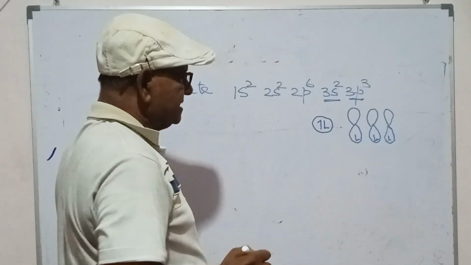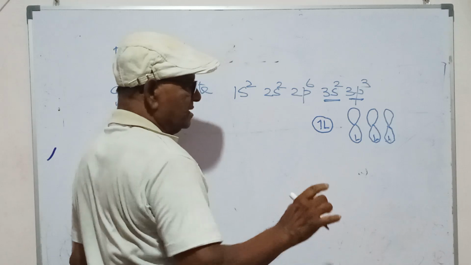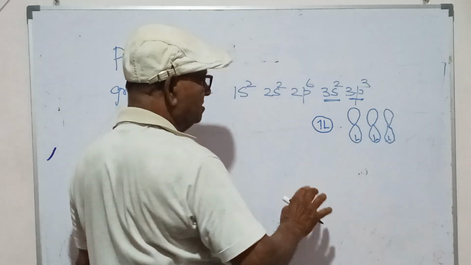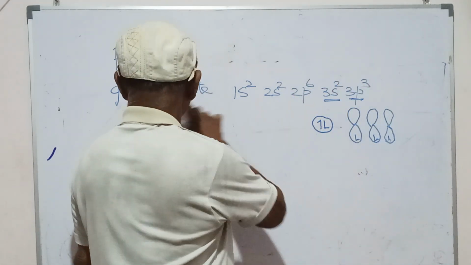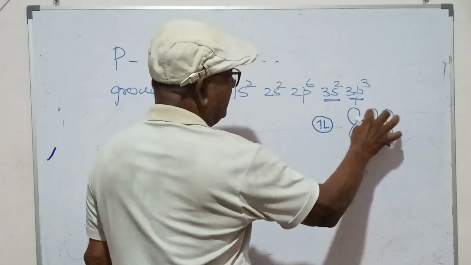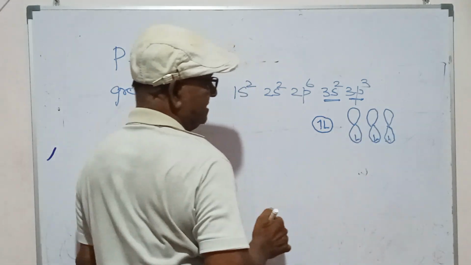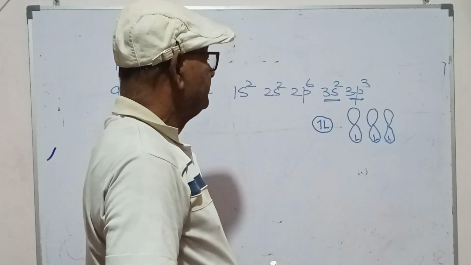According to this configuration, it has the possibility to form only three covalent bonds because the P-atom at the ground state configuration has 3 orbitals with one electron in each. Right?